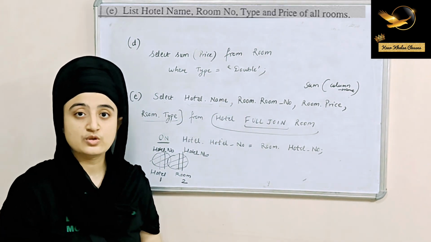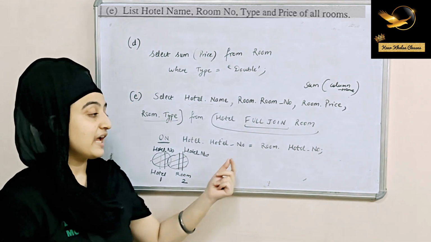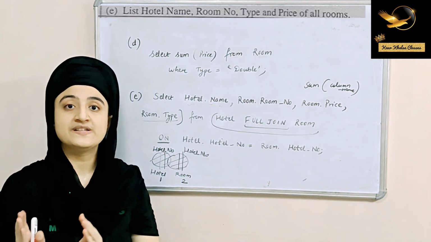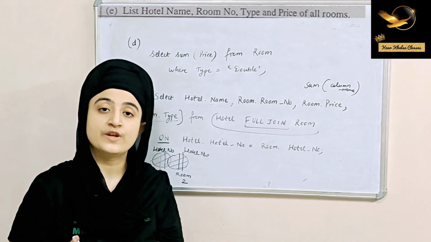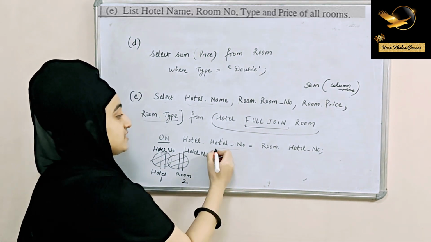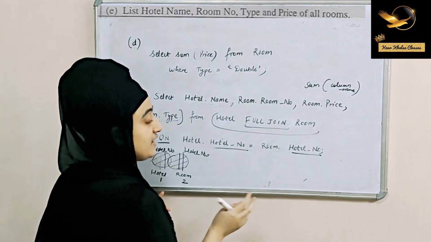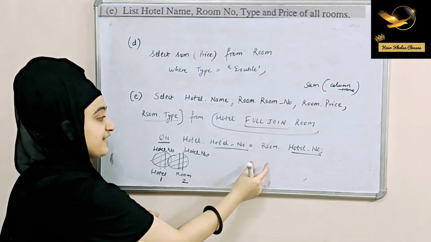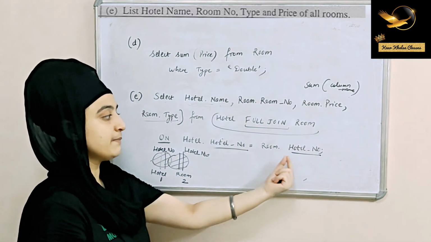So this thing also you have to remember that at least one column should be the same. On the same column we can apply the join. So this hotel number is common in both the tables. That's why we have applied this condition on the hotel number column only.